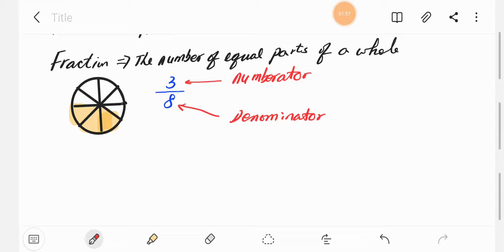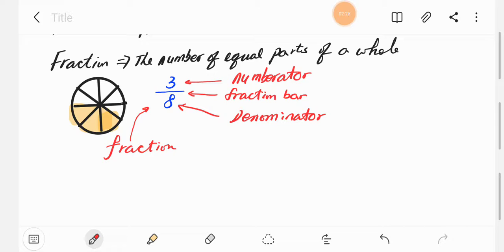The bar between these two numbers is the fraction bar. Then we call this whole thing a fraction. A fraction is the number of equal parts out of the whole.